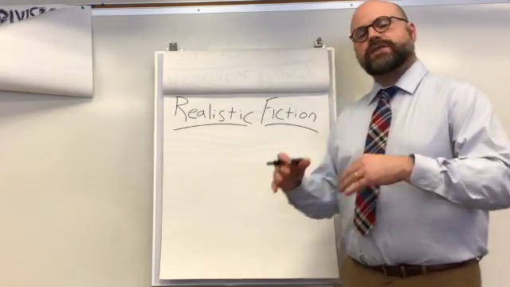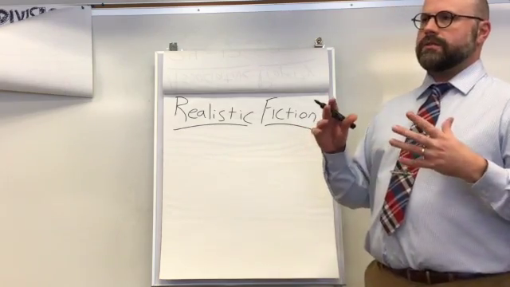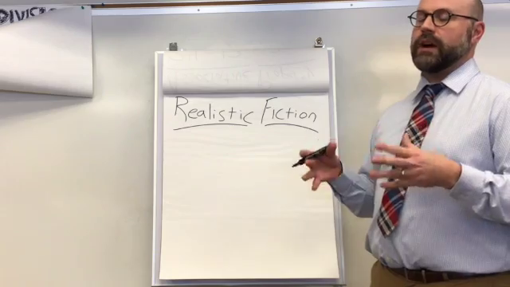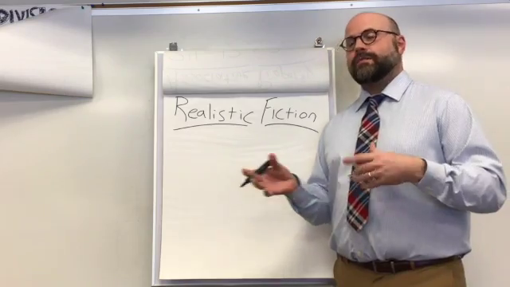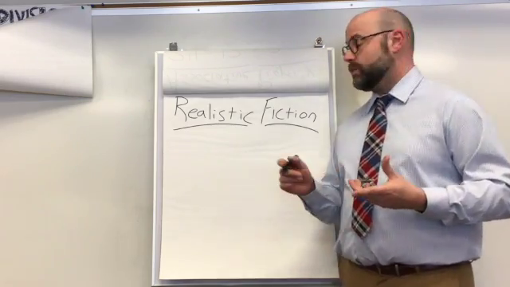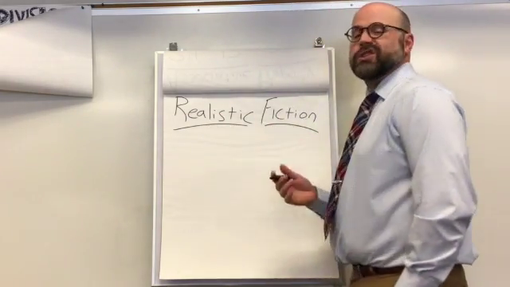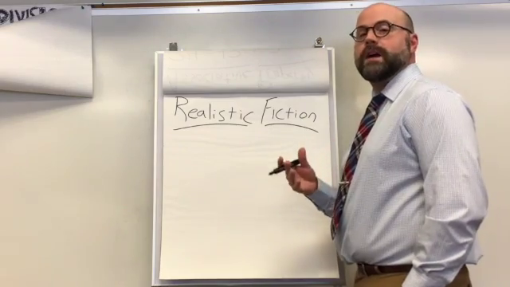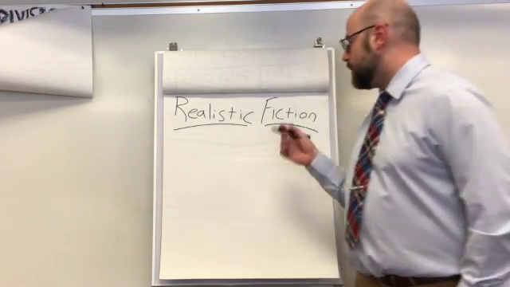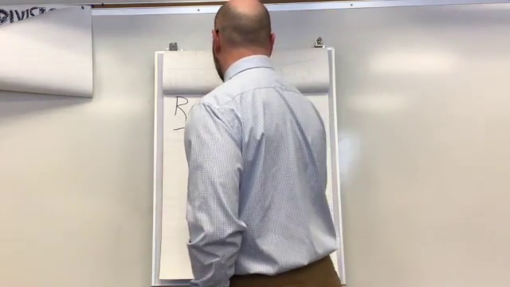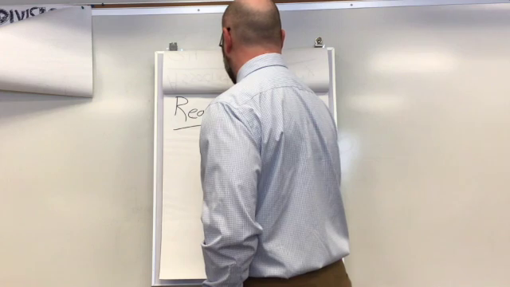I'm just going to lay out some of the aspects of realistic fiction. We should have our My View book, because it has this anchor chart in there, but we don't have those, and hopefully we're getting them soon. Since we don't have them, I'm making this anchor chart so we can all look back on it and say, oh, okay, that's what realistic fiction is. So first, what is the purpose of realistic fiction?